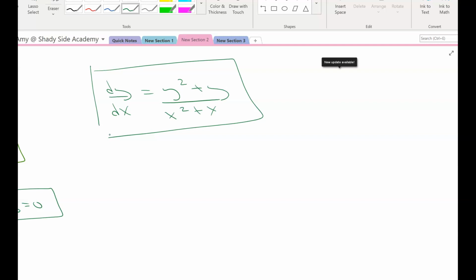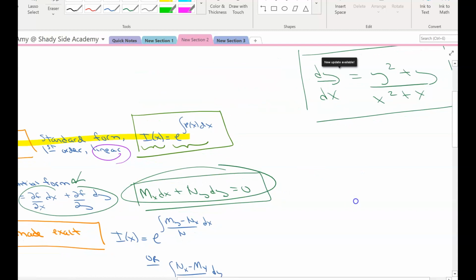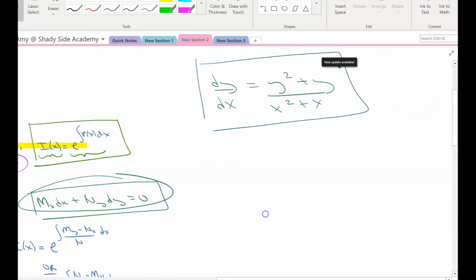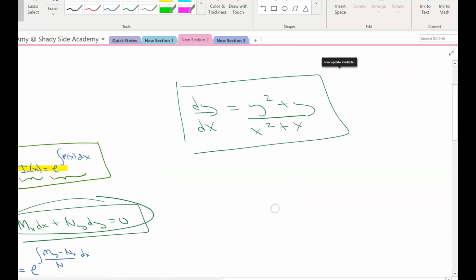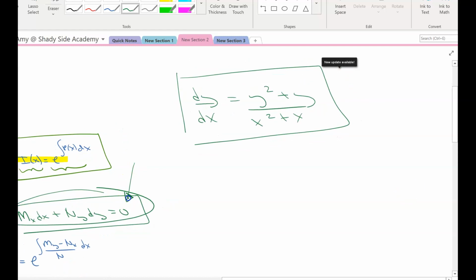Let's see if it's exact. If it's exact, we've got to put it into the differential form here. I want to collect my left-hand side accordingly, and I'd like my right-hand side to be 0. If the right-hand side is not 0, that's something we're going to deal with in the near future.